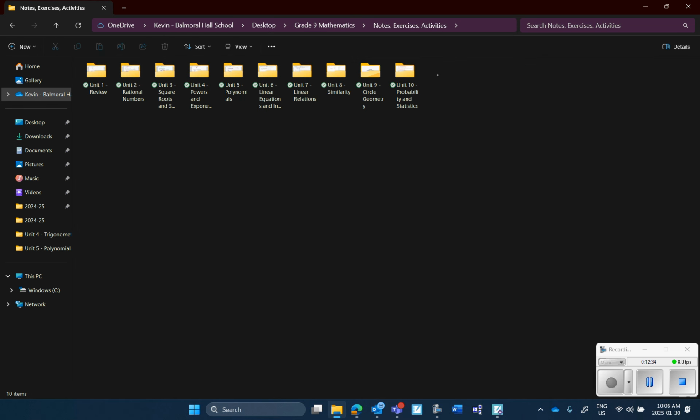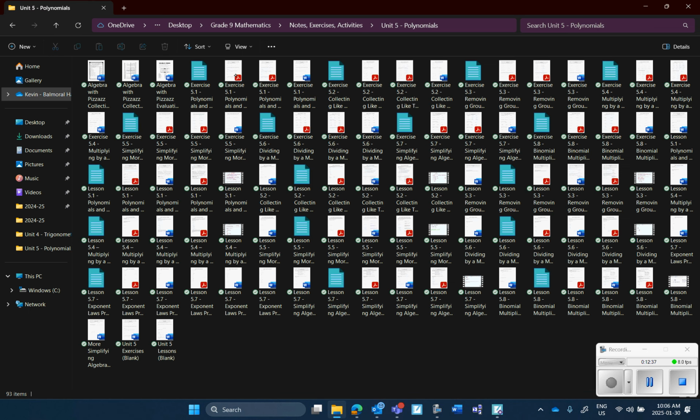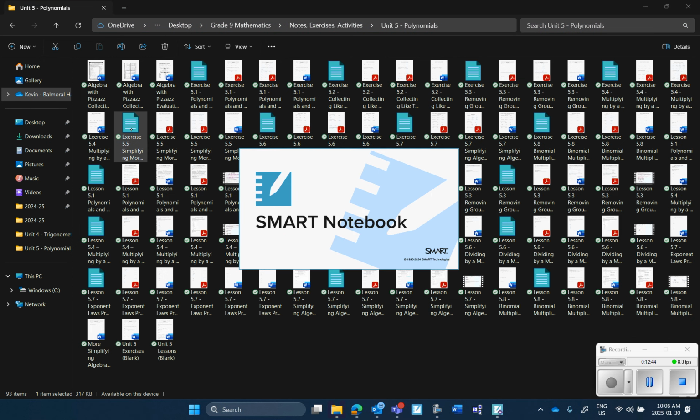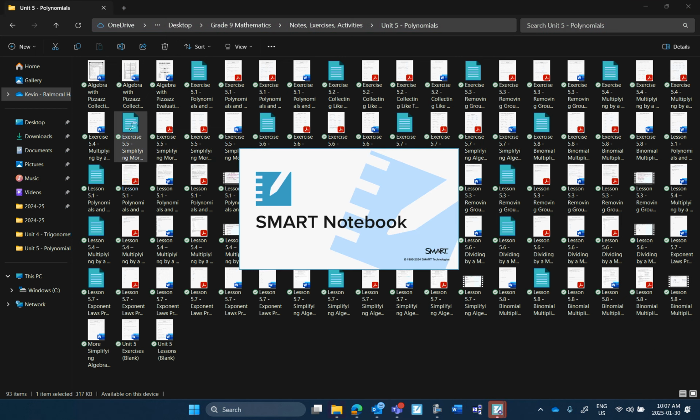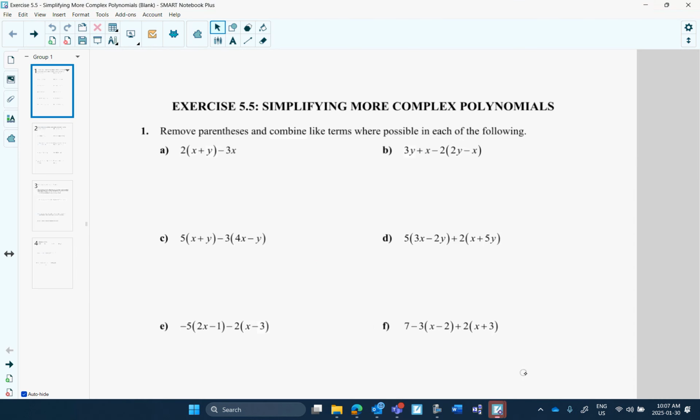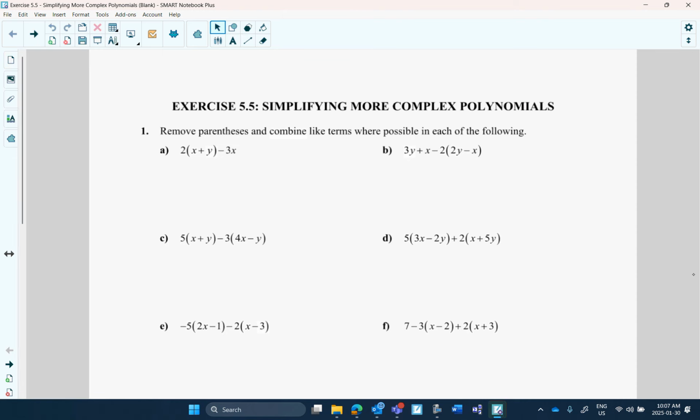I looked at 5.5, the exercise, and that's a lot of expressions to simplify. So here's what I'd like you to do. For number 1, only do the second column.